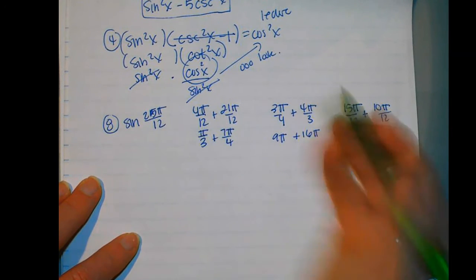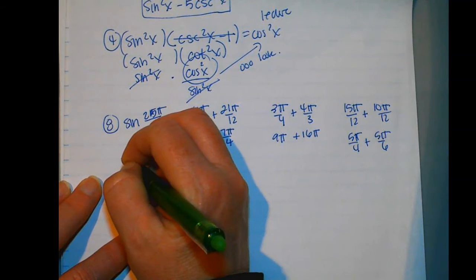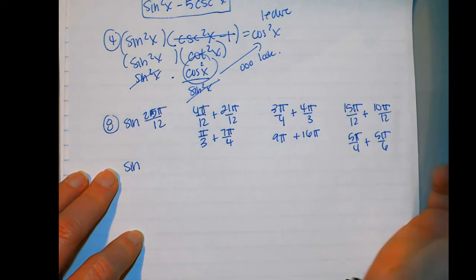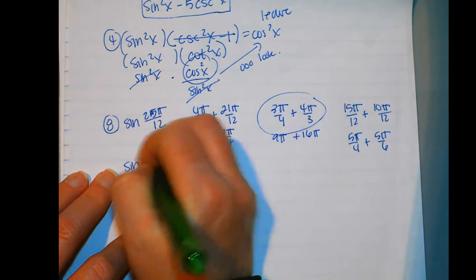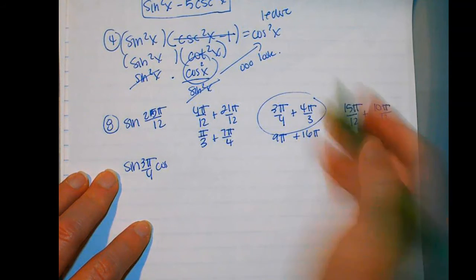The sine one says, all of these were addition though, right? So the addition one says sine of one of them. I don't care which one we use. We'll use the middle one. Sine of 3 pi over 4, cosine of the other one, 4 pi over 3.